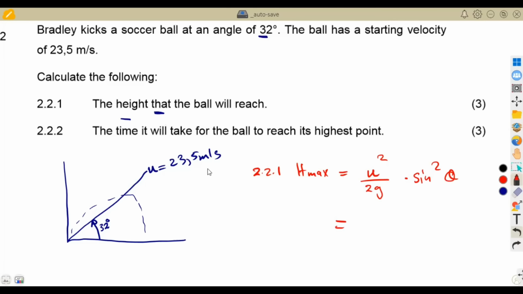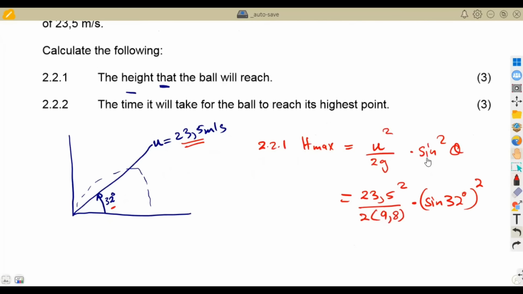You just substitute u, your initial velocity, as 23.5 squared over 2 times the gravitational acceleration of 9.8, times sine squared theta. You need to know that sine squared theta means the sine of the angle, sine 32 degrees, then you square everything. That is what you need to understand.